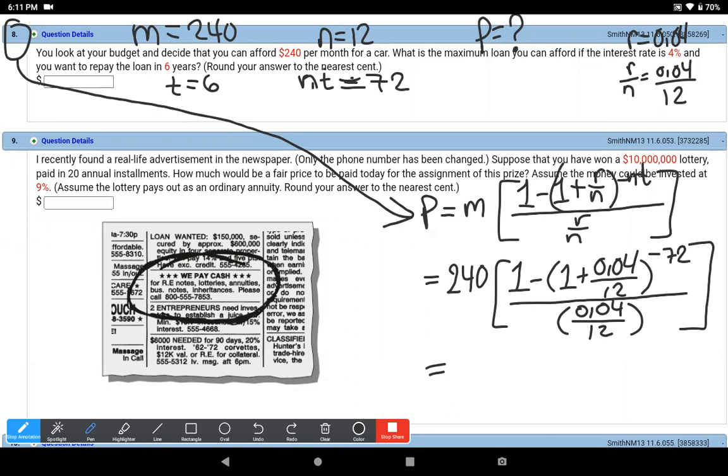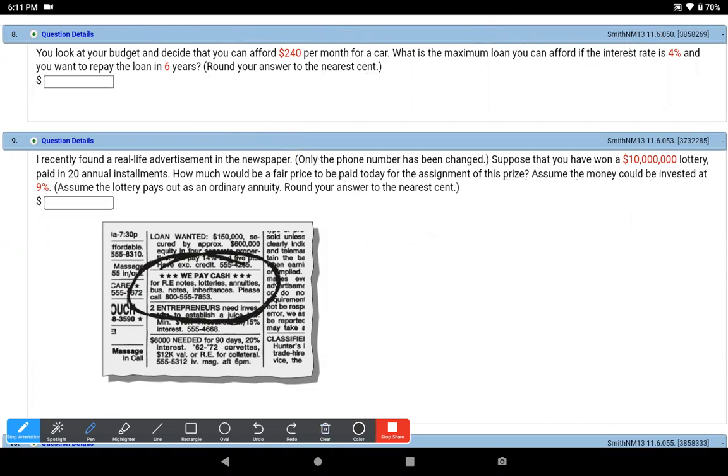I get the value in dollars of $15,340.18, which matches the answer key that I wrote down before the video. Okay. Let me clear this one out.